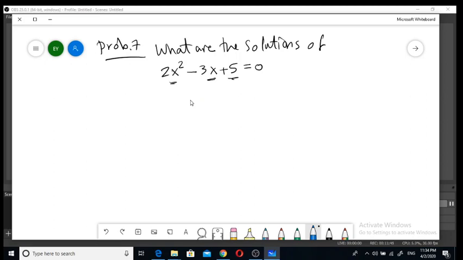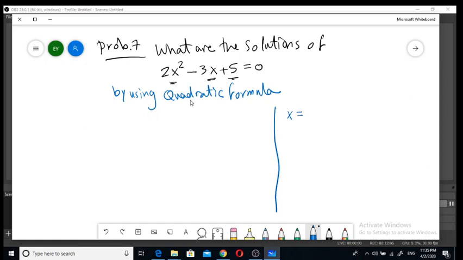So we are going to use the quadratic formula. To find x, in the quadratic formula we have studied before, x is equal to negative b plus or minus square root of b squared minus 4ac over 2a.